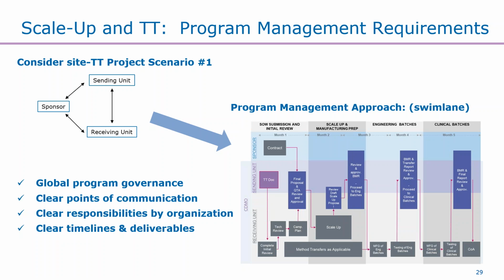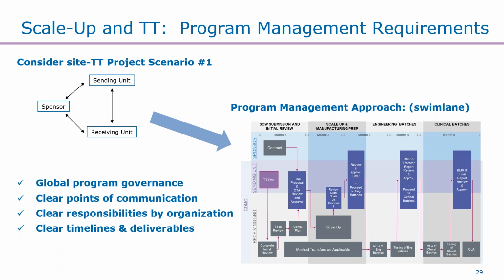So again, once we select a scenario and we select our vendors, going with scenario 1, where we have the sending unit interacting directly with the receiving unit, now we actually have to come up with an appropriate program management and governance approach. On the lower left-hand side, I'm demonstrating a swim lane diagram that pictorially represents several important aspects of program management.